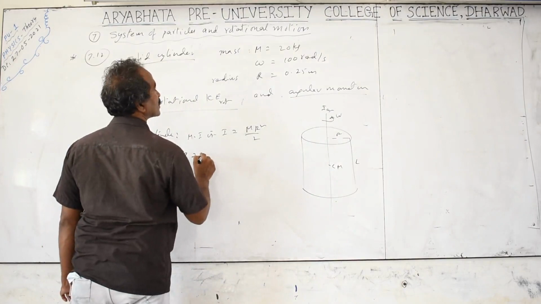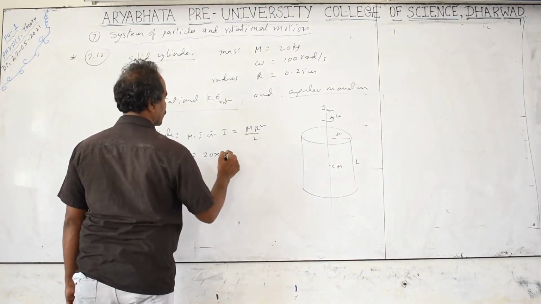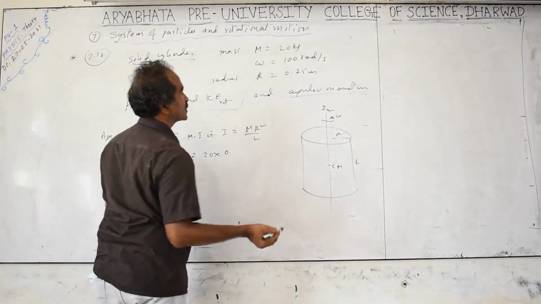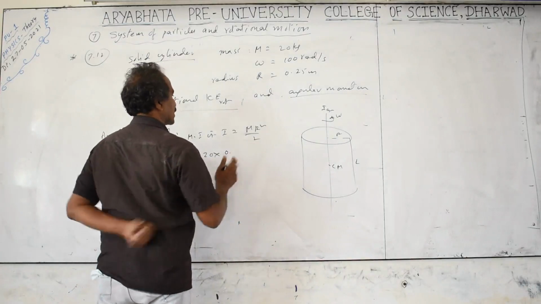M is 20 kg. Radius is 0.25 meters. Convert everything into SI units. Omega in radian per second is the SI unit. If they give RPM, convert into radian per second.